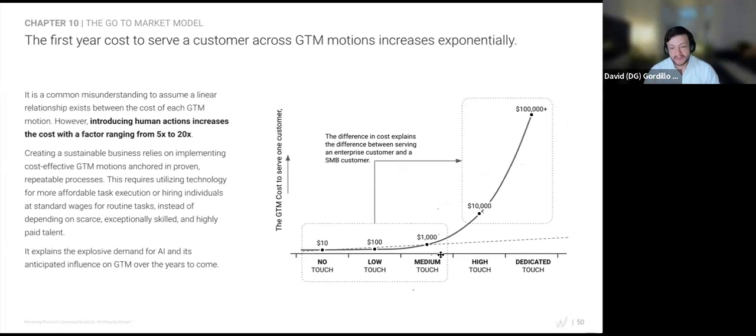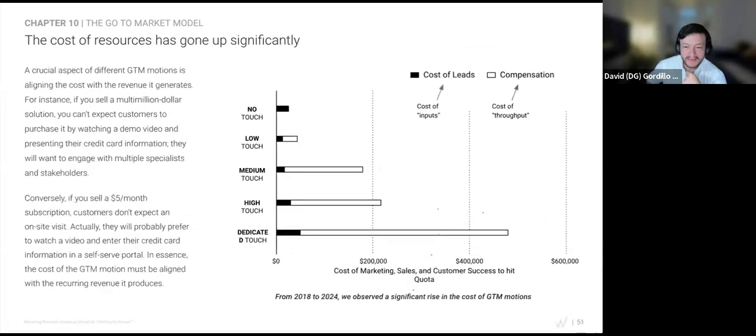We need more people as well, because from the buyer side, there's going to be more people interacting with us. So in reality, the more we go into medium, high, and dedicated touch, the first year costs tend to increase exponentially.